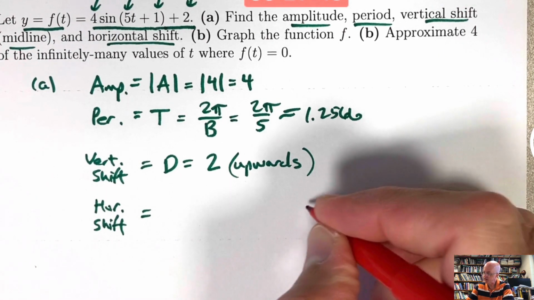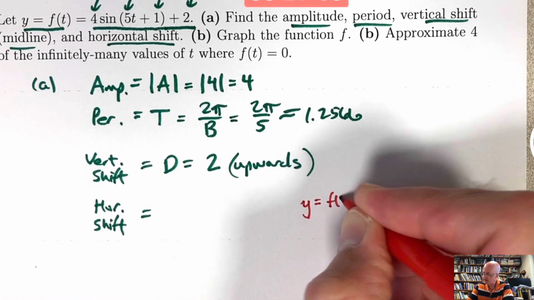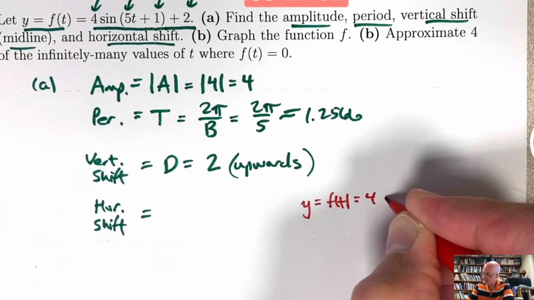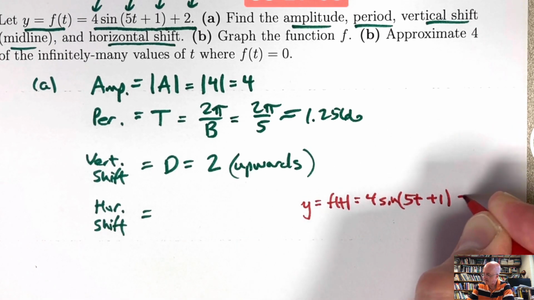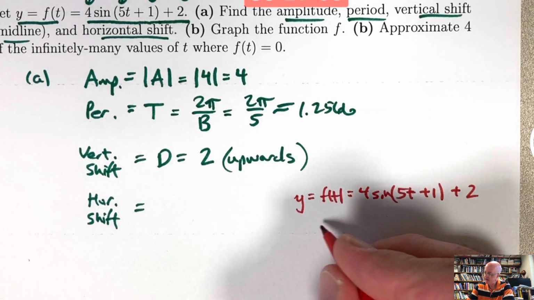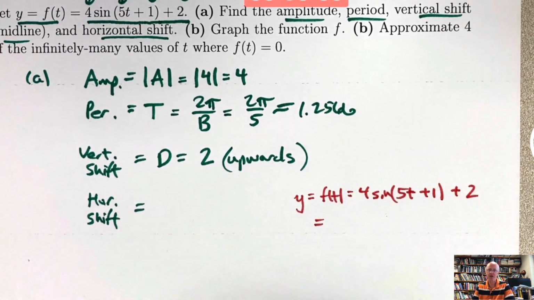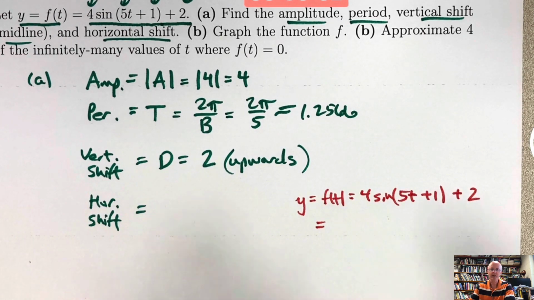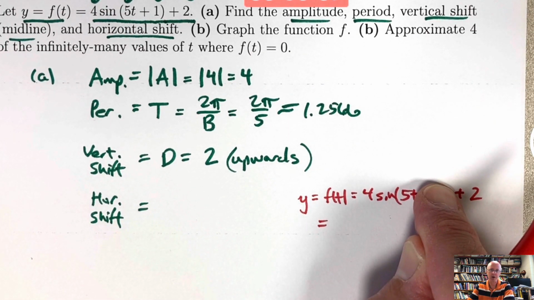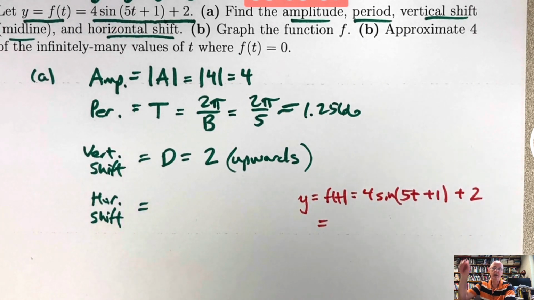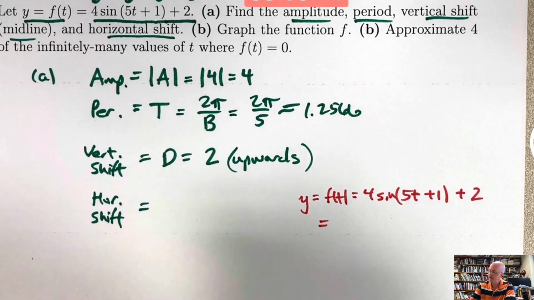Let's write down the function here again. Y equals f of t equals 4 sine of 5t plus 1, and then plus 2. To figure out the horizontal shift, if that were just a 5t in there, it would be just a regular sine wave starting out at the midline, going up, then down, then back up again.